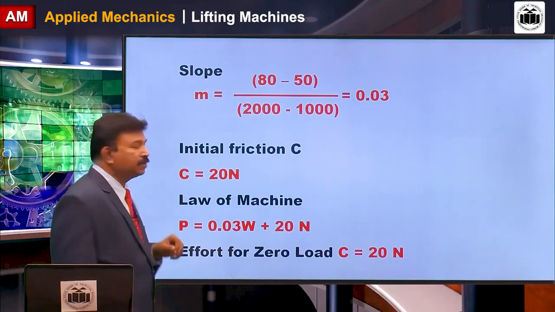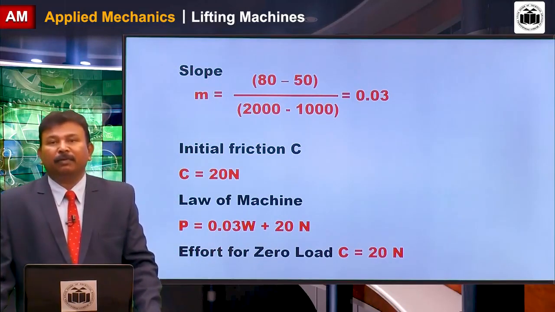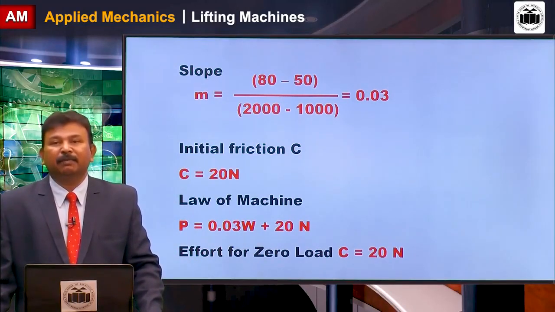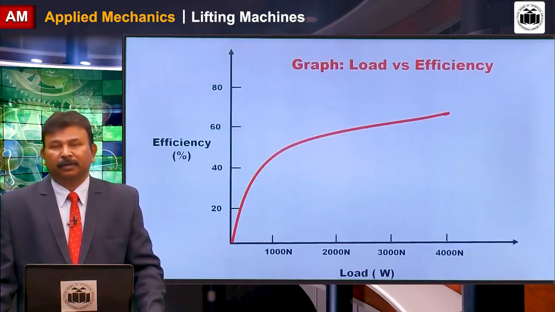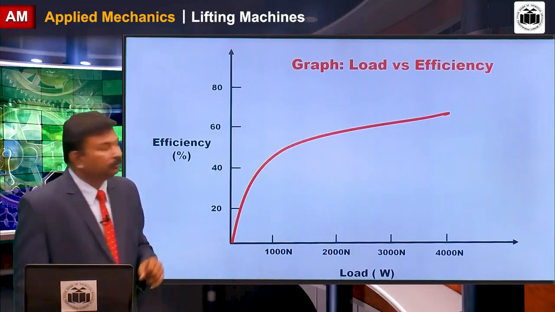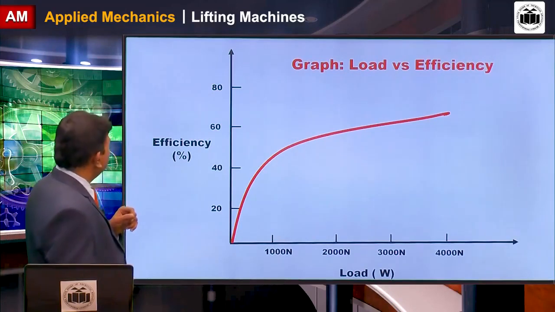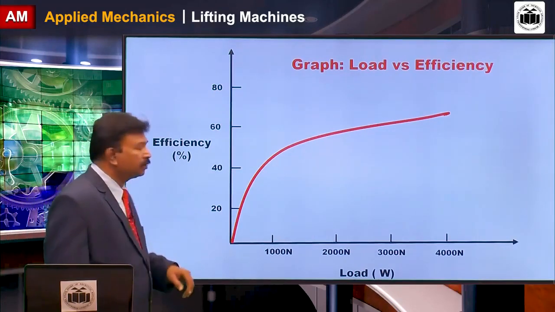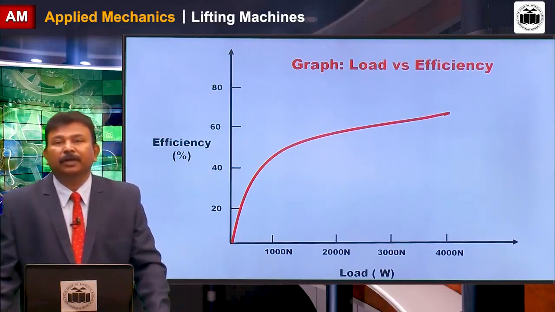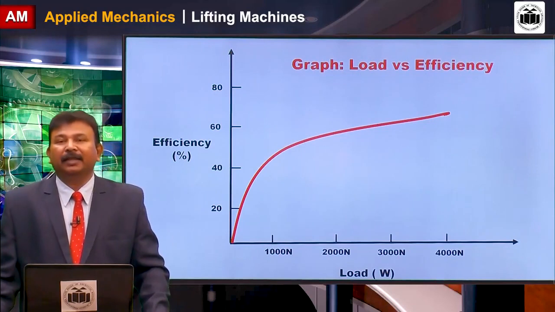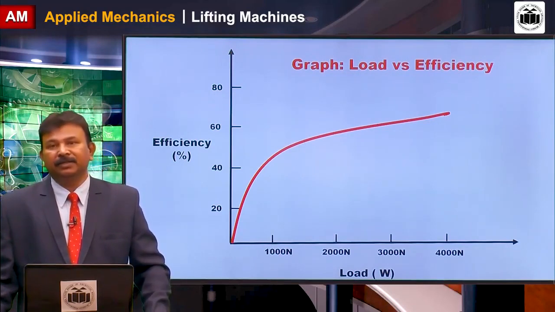Measure initial friction C. Here you commit mistakes. Kindly remember to measure it and then write. In this problem, one more graph is asked, and that is efficiency versus load. So plot that graph also. Most of the time we forget to plot it and then we get fewer marks.